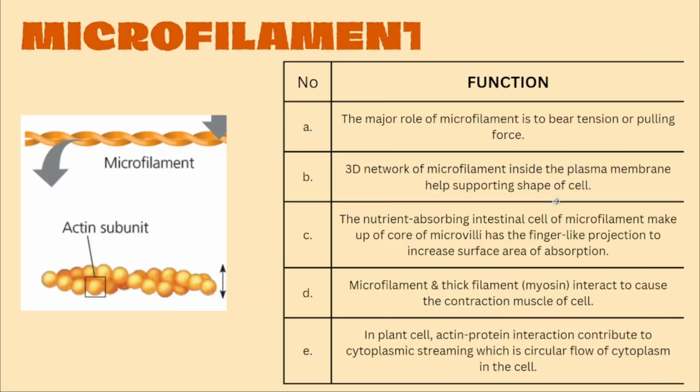The function of the microfilament is to play the major role in bearing tension or pulling force, and to support the shape of the cell. Another is in nutrient-absorbing intestinal cells, made up of a core of microvilli, finger-like projections that increase the surface area. The finger-like projection in the small intestine is due to this microfilament.